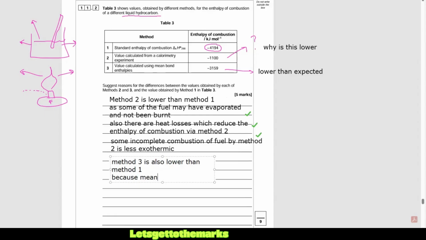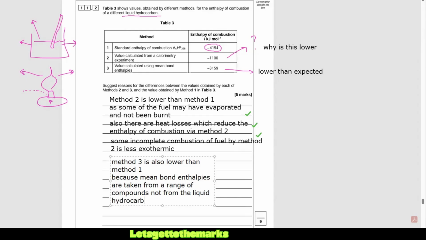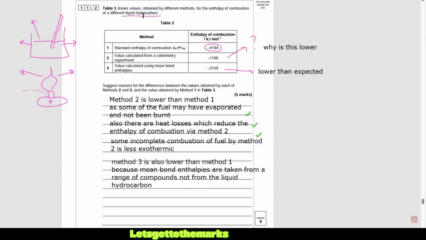because mean bond enthalpies are taken from a range of compounds, not from the liquid hydrocarbon. So what I mean by that is the specific hydrocarbon in this question, the mean bond enthalpies are taken from CC bonds, carbon-carbon bonds from methane, propane, butane, hexane, octane.